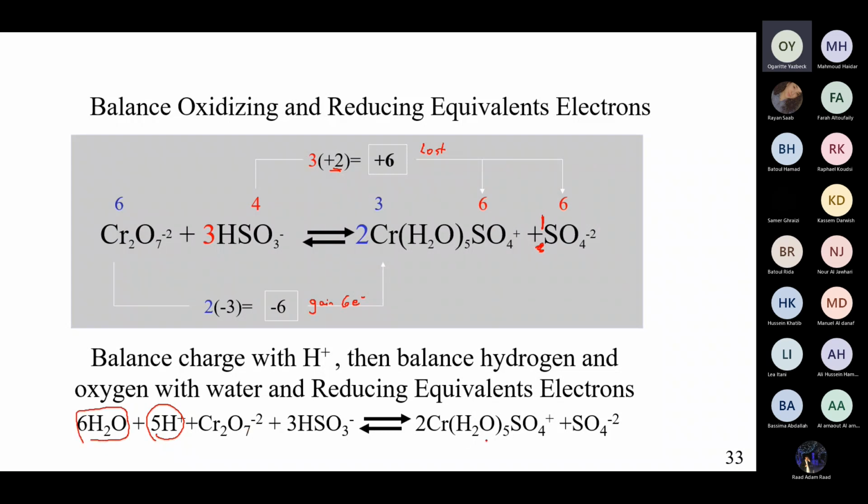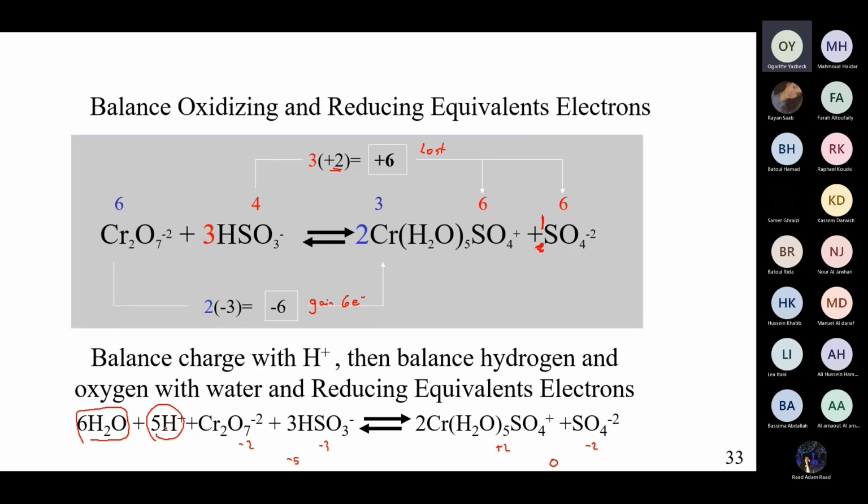So once this is like that, we balance the charge. This is -2, this is -3 because 3 times -1. Here we have +2 because plus times 2. Here we have -2. So overall charge here is 0. So I must have this as 0. And now -2 -3, that's -5.